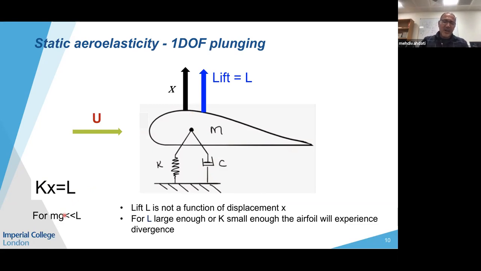Obviously, this is under the assumption that the lift is much higher than the gravitational forces. The other thing that you should notice, which usually results in sudden breaking of something, is for L large enough or K small enough, the aerofoil will experience divergence and it just doesn't go to another place. So this is quite important, even though it doesn't change the geometry a lot.